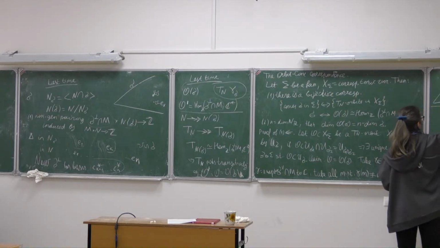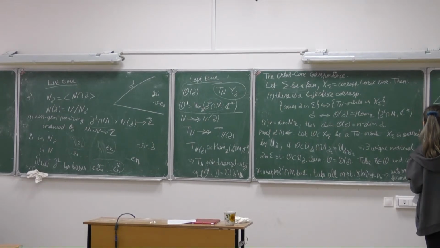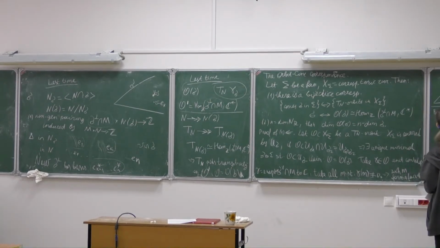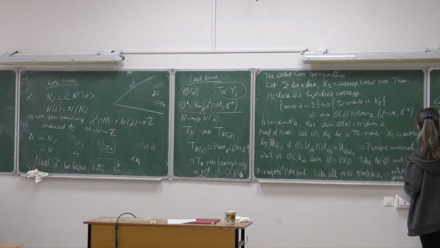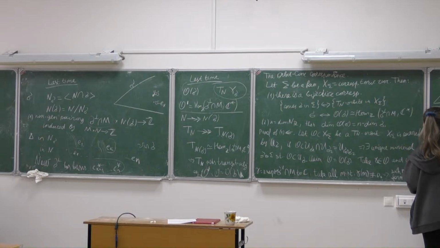But we know that all the faces of sigma check are of the form sigma check intersected with a tau dual.